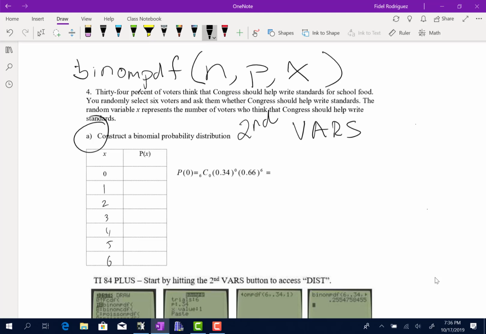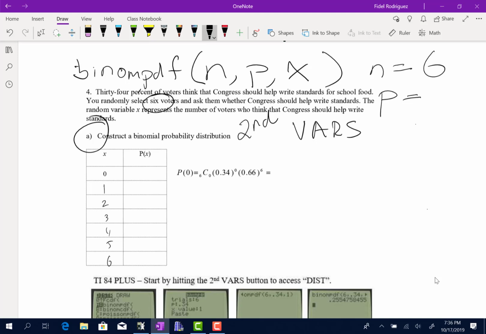So guys, if I was to start doing this problem out, number one, what was our n in this case? How many people were we going to start selecting? 6, right? Because it tells right here n is 6. P is the probability. What's the probability that these people are going to think that Congress should help write standards for school food?